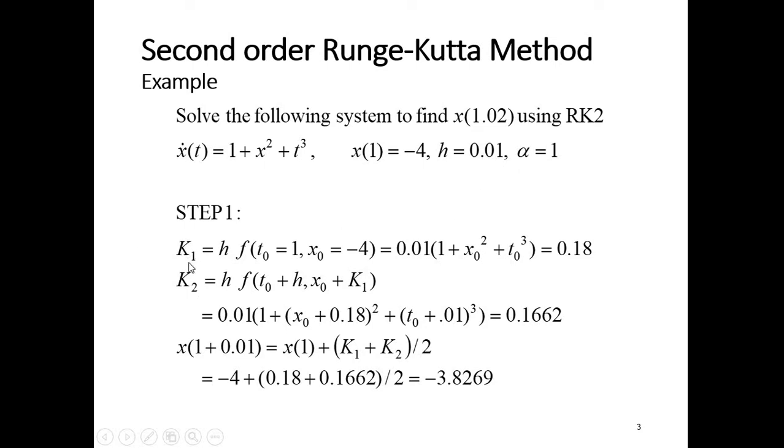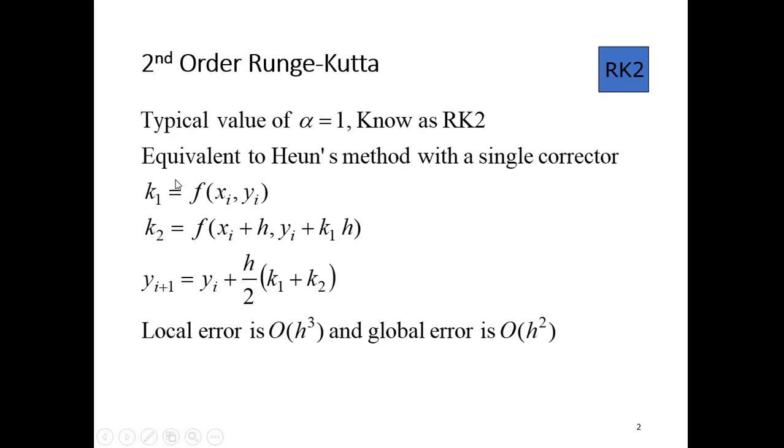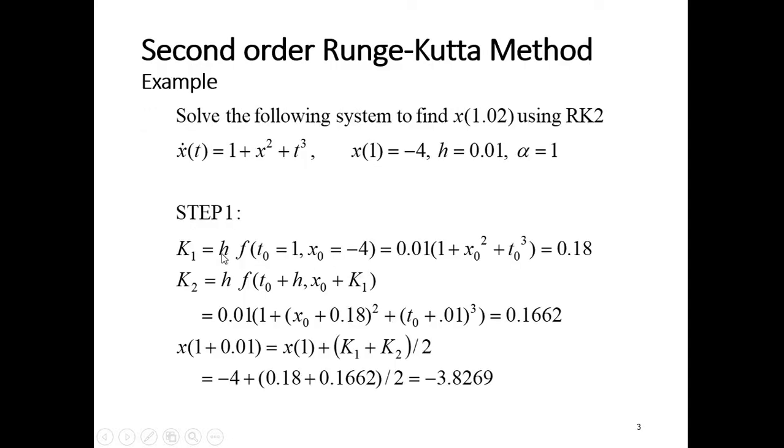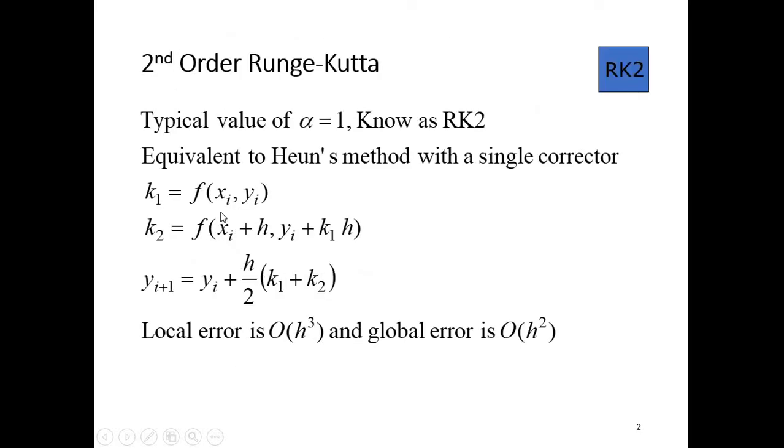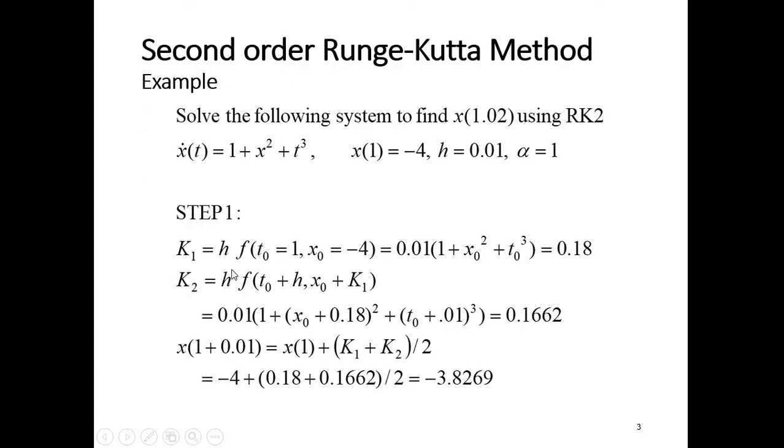Right, so k1 using this formula, f of xi, yi. This k1 is h times f, since we've already multiplied by the h here.